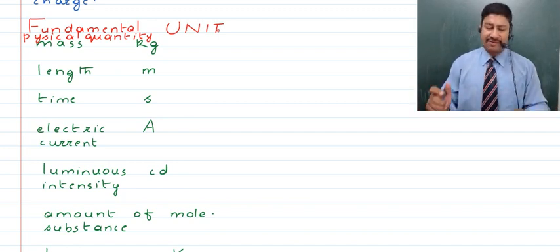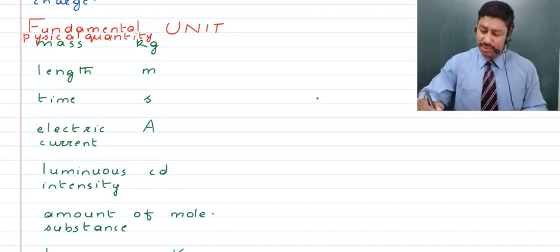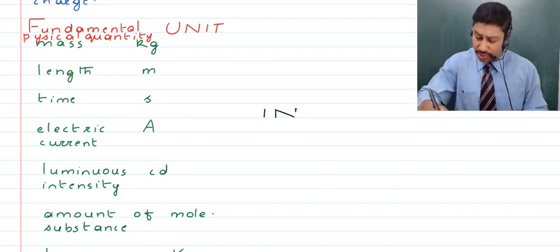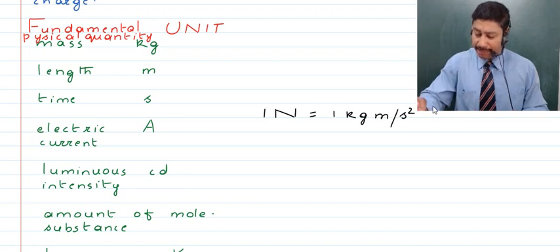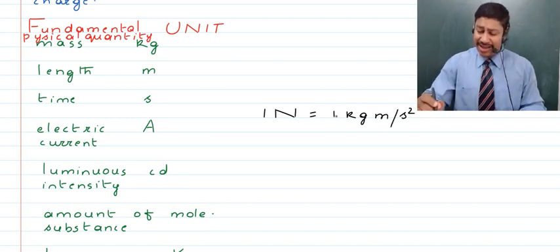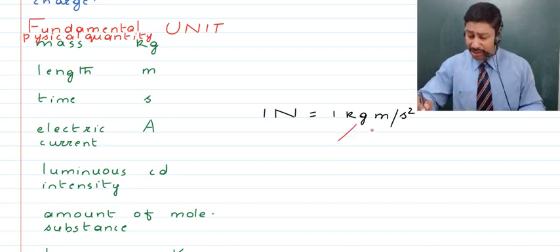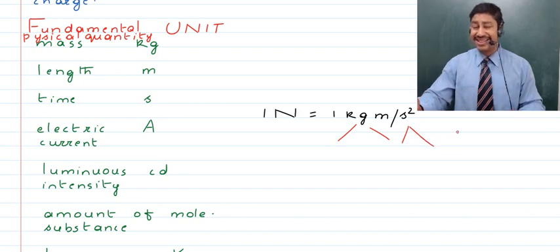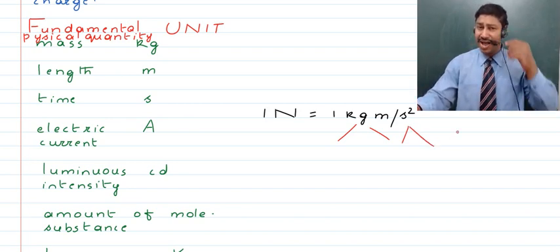For that matter, I will quickly give you an example. Let's say we talk about 1 Newton. We know that 1 Newton is equal to 1 kg meter per second square, right? And here you get to see that this 1 Newton can be broken up into 4 units of 4 physical quantities, and thus it has been broken up into 4 parts.